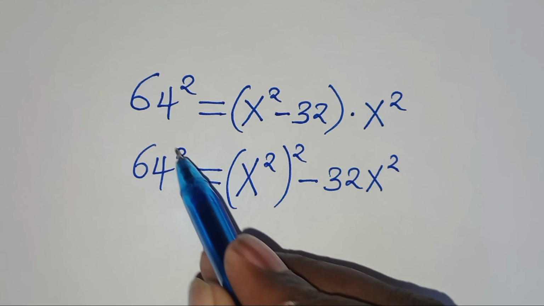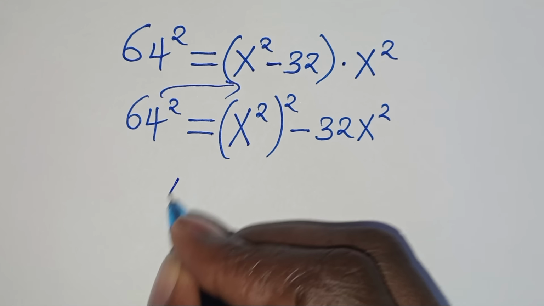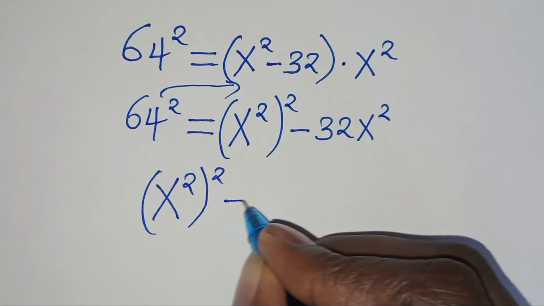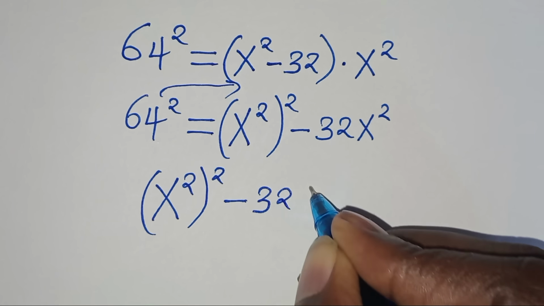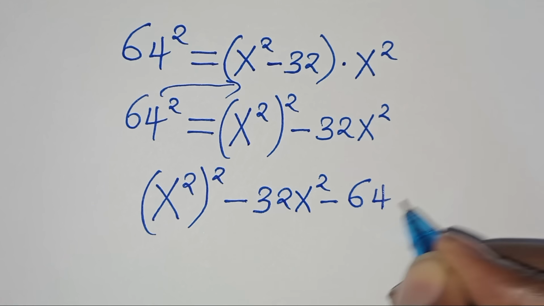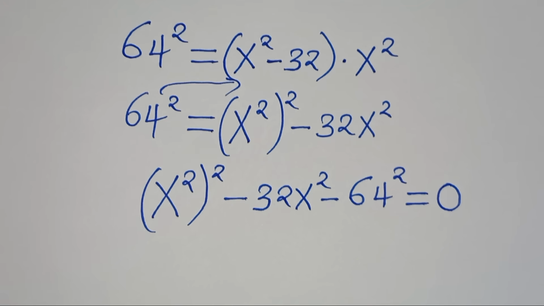Now let's take 64 squared to the right hand side. So that now we have x to the power of 2 raised to the power of 2, subtract 32 x to the power of 2, subtract 64 raised to the power of 2. This is equal to 0.